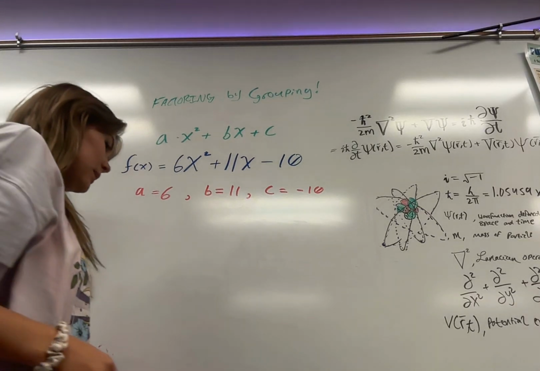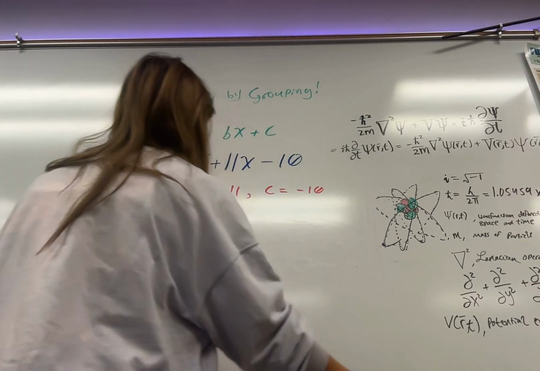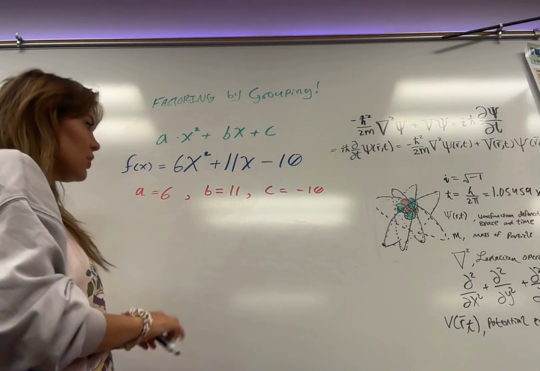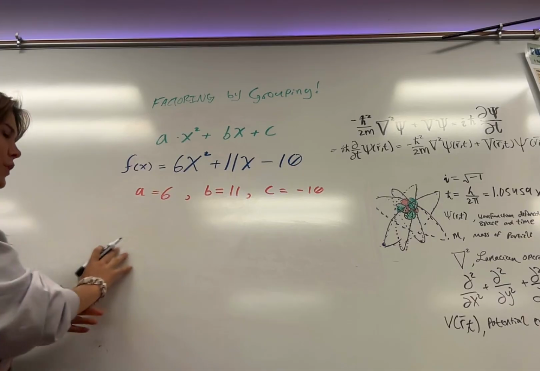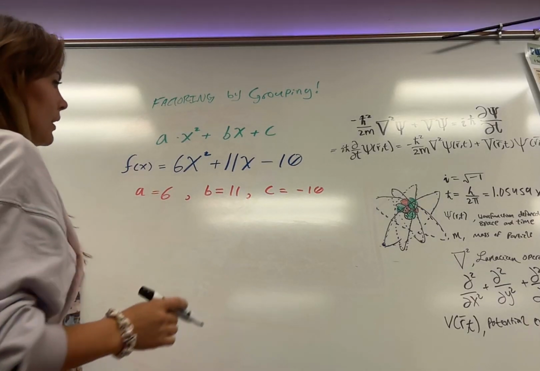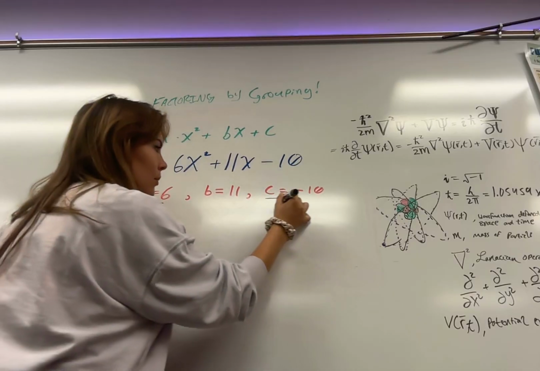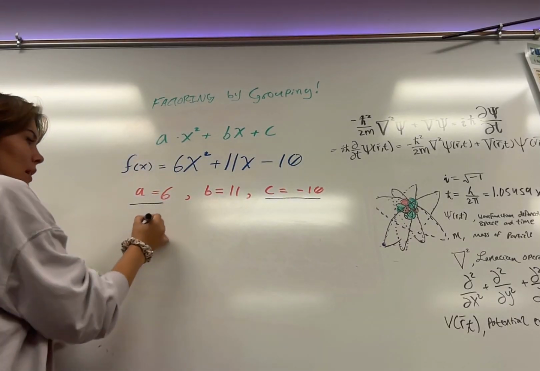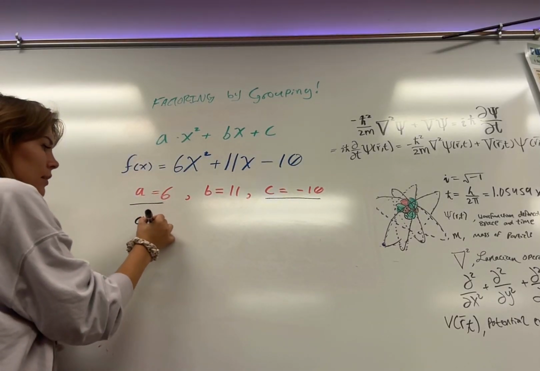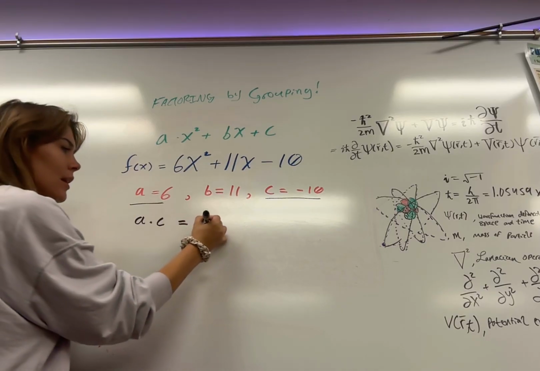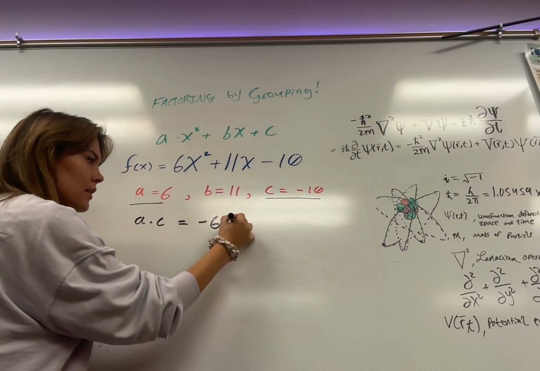Now, this specific problem involves several important steps. So this is step 1, we identified our variables. Step 2 is to multiply a with c. Okay, so what is a times c? A times c is equal to negative 60.